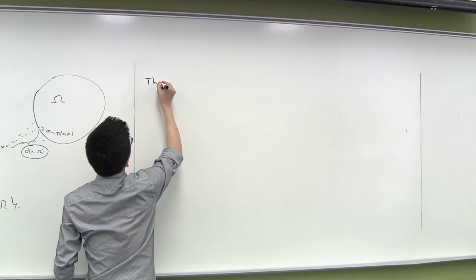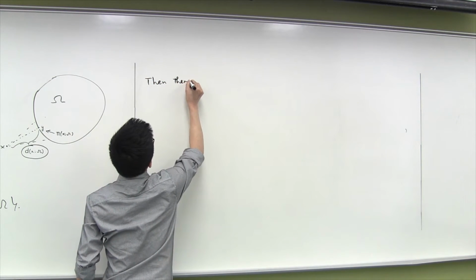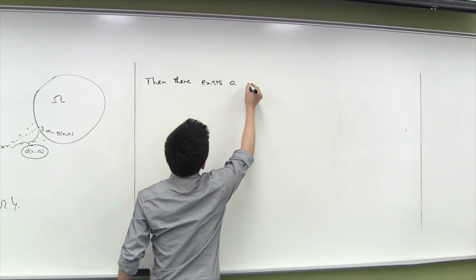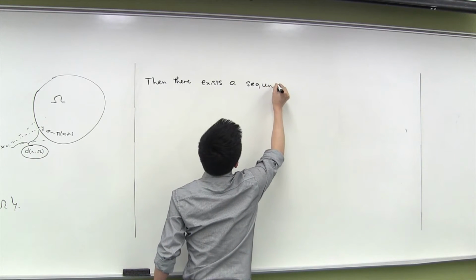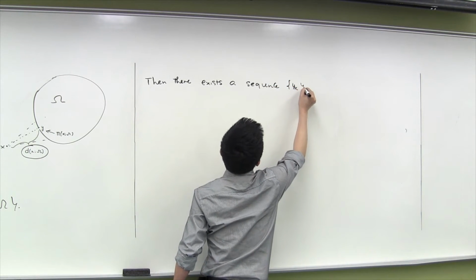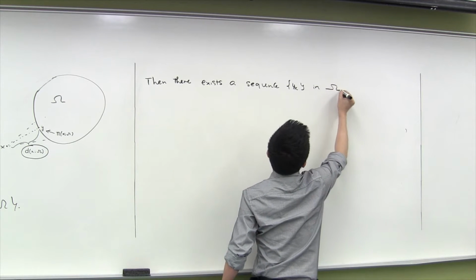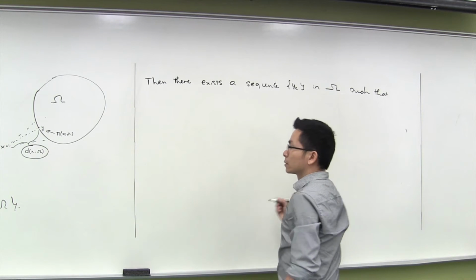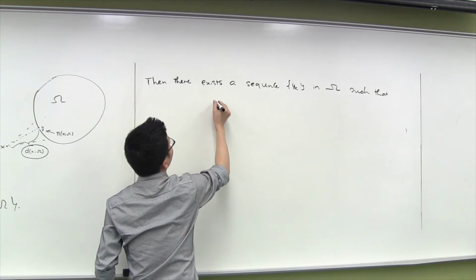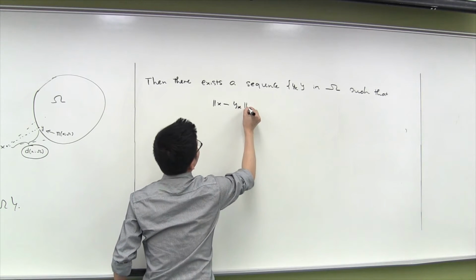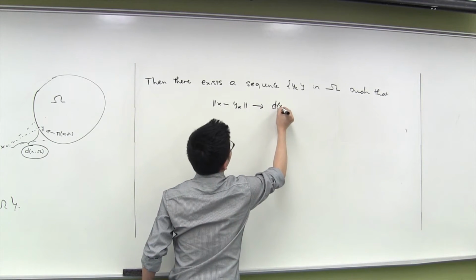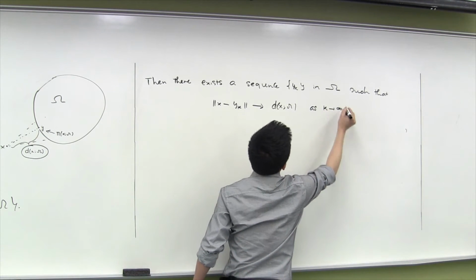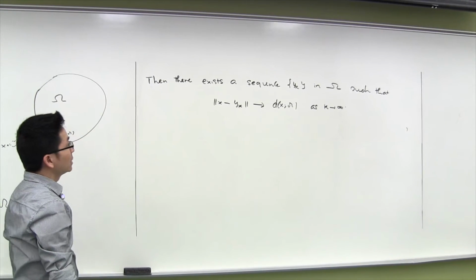Then there exists a sequence y_k in omega such that the norm of x minus y_k converges to the distance from x to omega as k approaches infinity.